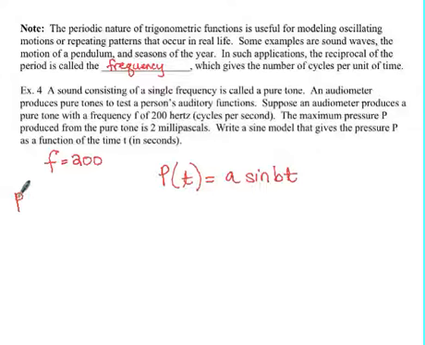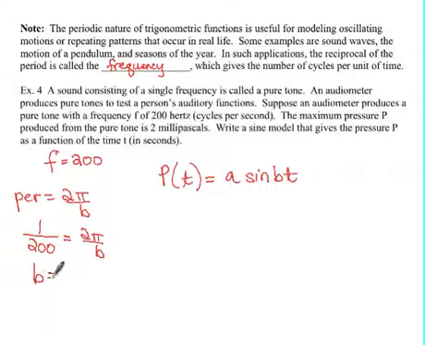Now the period, remember, is 2 pi divided by b. But period is the reciprocal of the frequency. So my frequency was 200, so the period is 1 over 200. Okay, do you see what I did? The frequency is defined to be the reciprocal of the period. So if frequency is 200, the period is the reciprocal of that, 1 over 200.